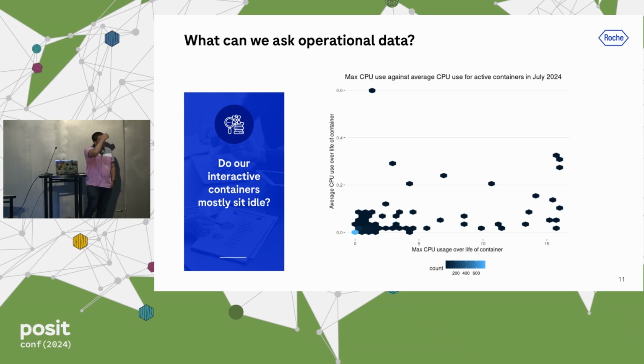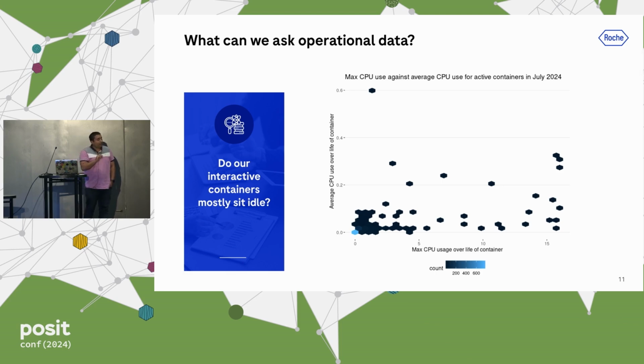Looking at our statisticians and our statistical programmers, we can see in this plot that pretty much everyone has a container doing nothing most of the time. So 0 is where almost everyone is. There's a couple of people who managed to request all 16 cores. I think it's literally a couple of people in our department, but actually they're not using the full 16. So 16 probably wasn't a good default for us to have in the first place.